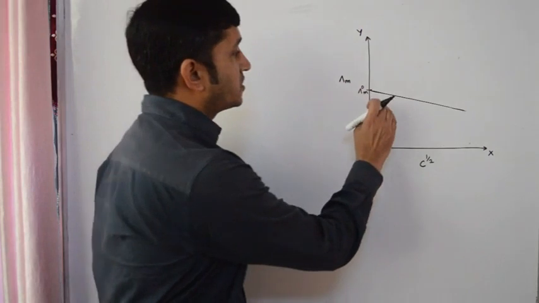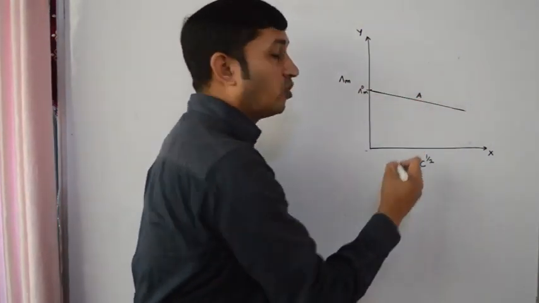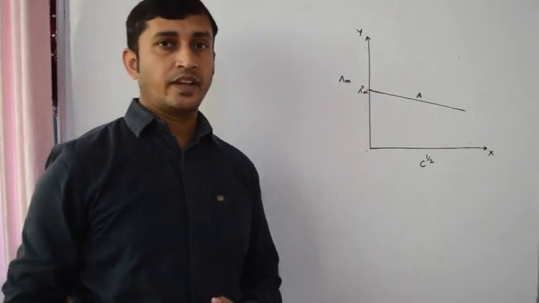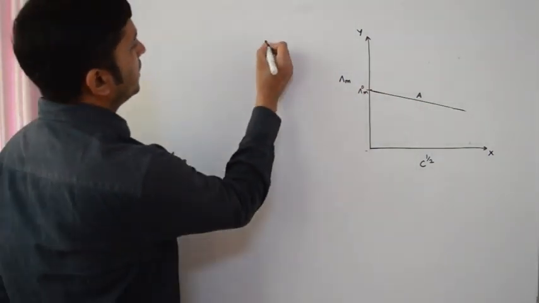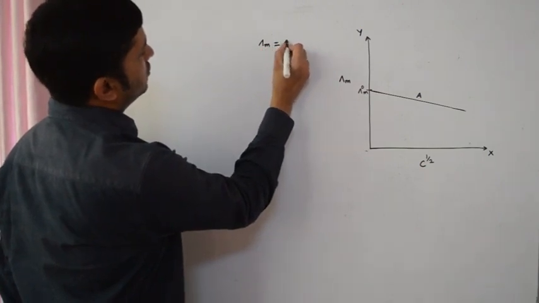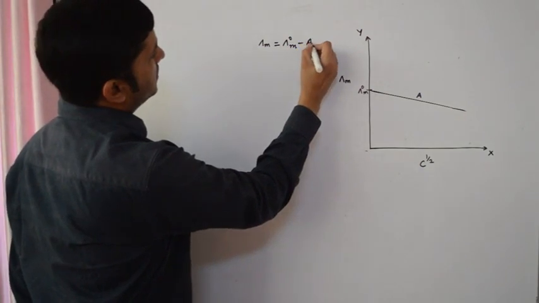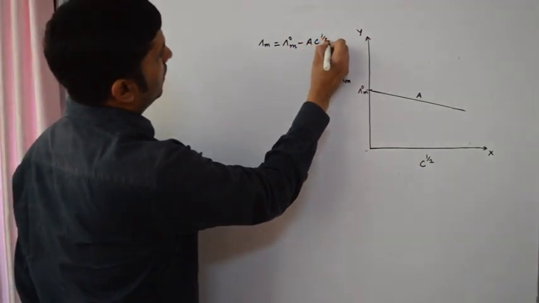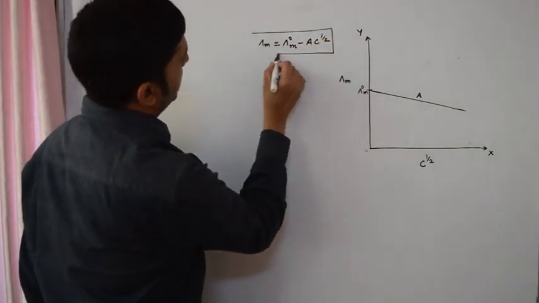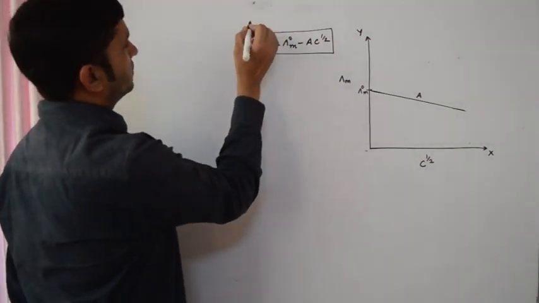Here the slope is known as the Kohlrausch coefficient. It can be represented by the equation: molar conductivity at any concentration is equal to limiting molar conductivity minus A C to the power half. This expression is for strong electrolytes.